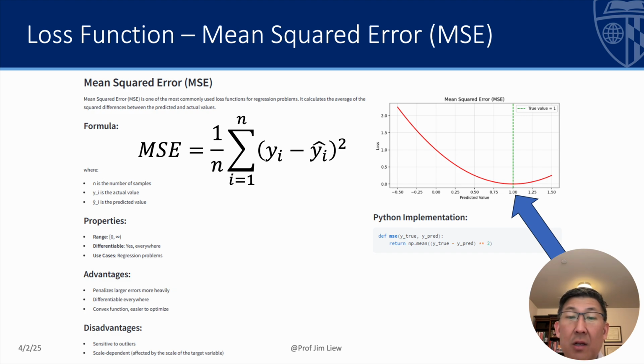You can see the function, what it looks like, using NumPy, mean, y true minus y predicted, raised to the second power. Okay, so this functional form is actually very interesting. It's y to the second power. You could have done it to the fourth power, the third power, the fifth power, and it's like an averaging, 1 over n. And so some people say this is the first moment, which is the mean.